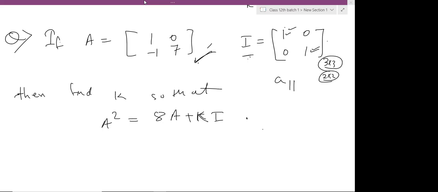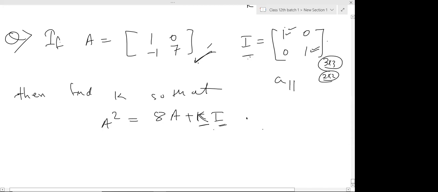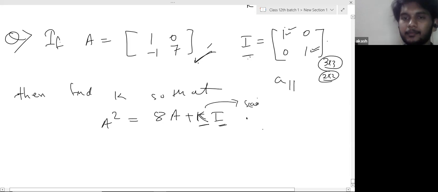So we should find K as a matrix, sir. K here is a scalar, right? Because it is K times the identity matrix. All right, okay, K is a scalar here.